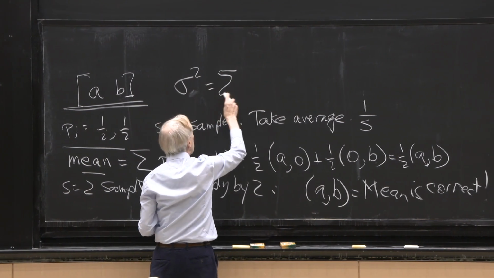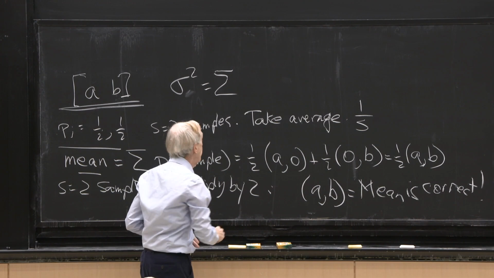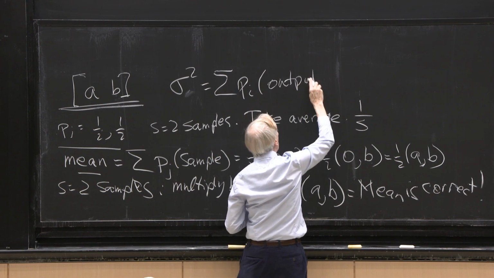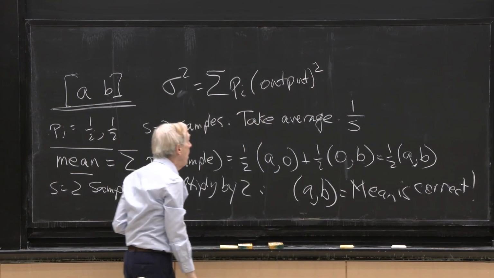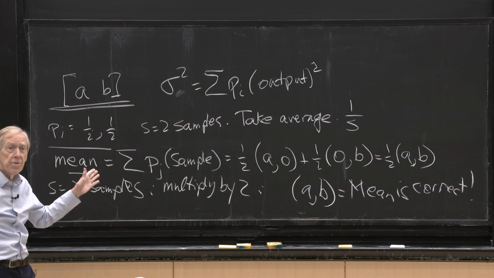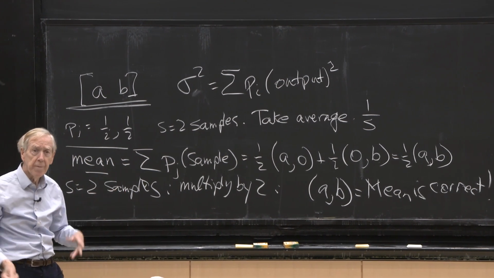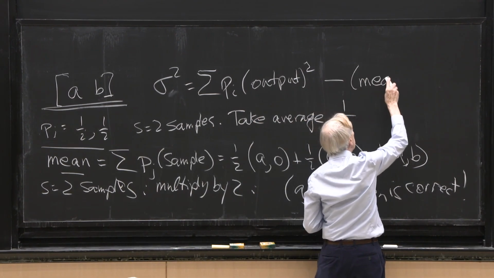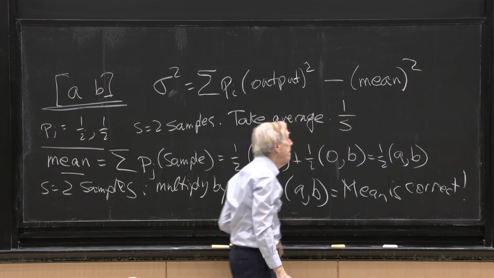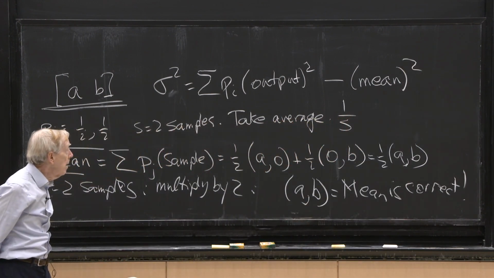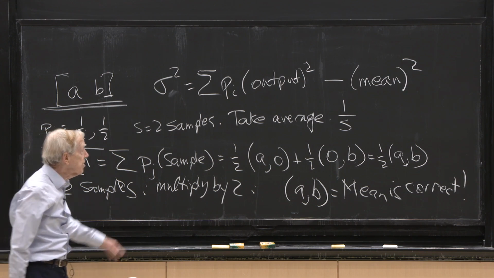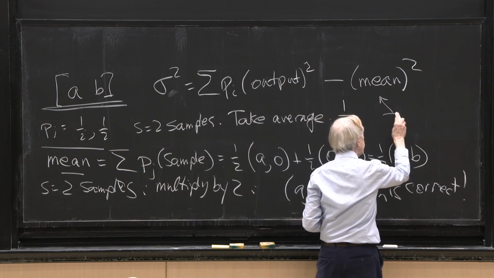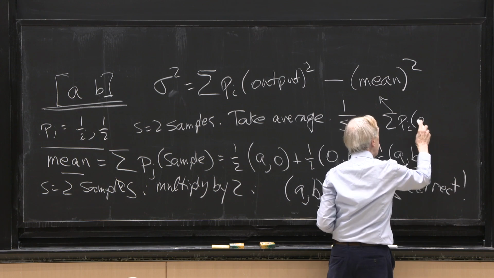But the second formula for the same quantity, sigma squared, is a sum of probabilities times output squared. So I haven't subtracted off the mean in this second formula. I have to do it now. And I'll do the mean all at once, mean squared. Remember that the mean is the sum of the probabilities times the outcome.